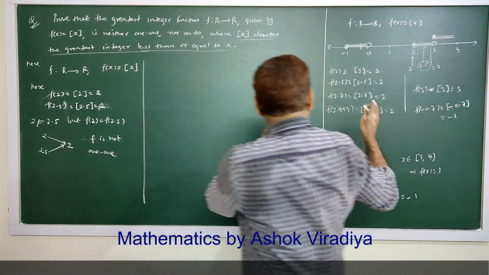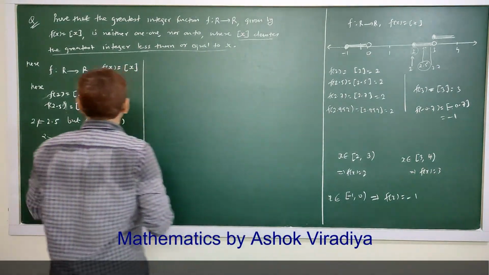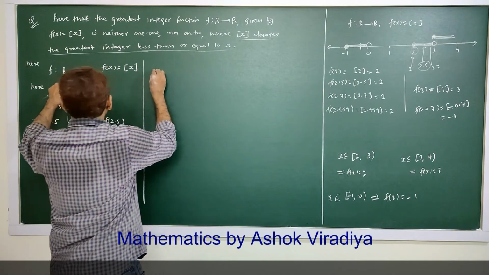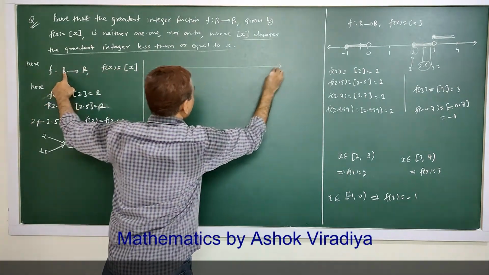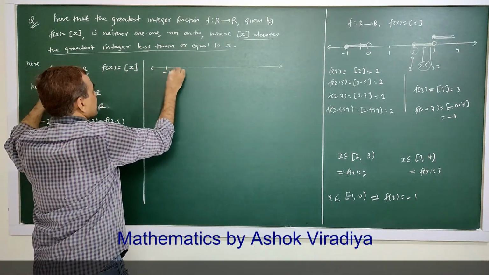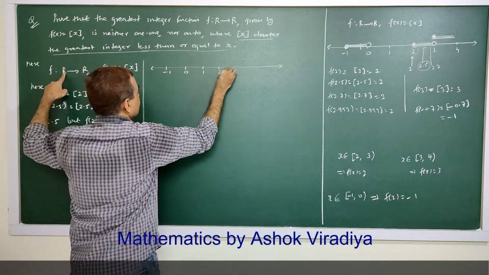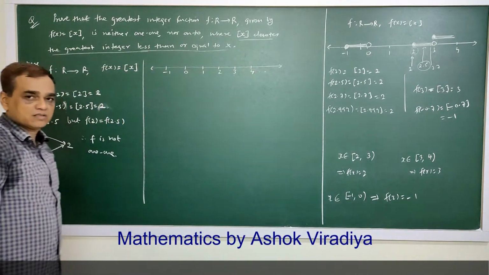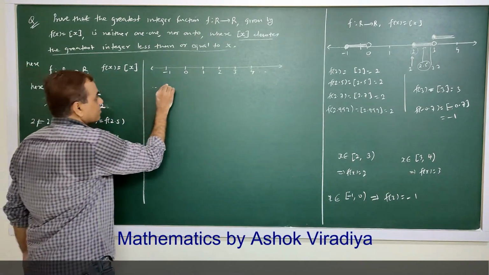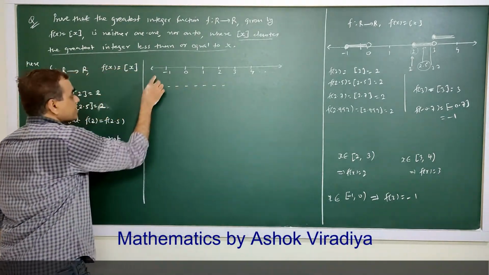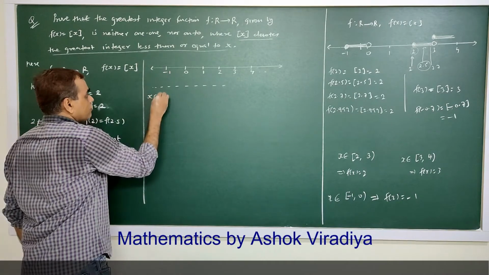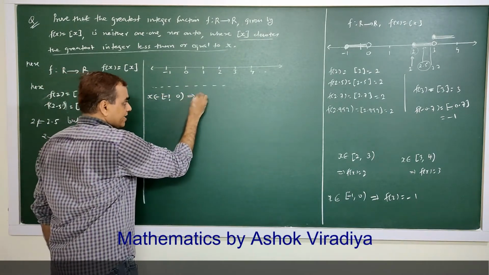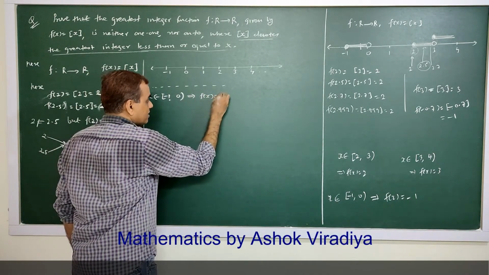So now I am putting this here properly. This is codomain. This is domain: -1, 0, 1, 2, 3, 4, etc. If x is from closed interval -1 to 0, then images are -1.